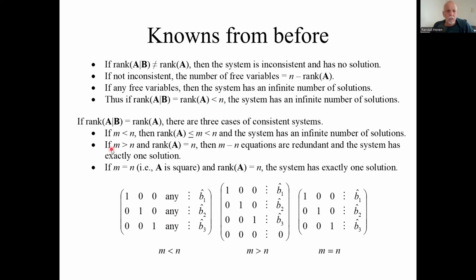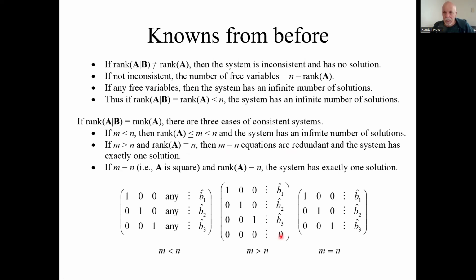If m is greater than n, and A is full rank, meaning its rank equals n, like in this case here, you have more equations than unknowns, but m minus n of them are redundant. You didn't really need them. And the system still has exactly one solution with just the non-redundant equations.